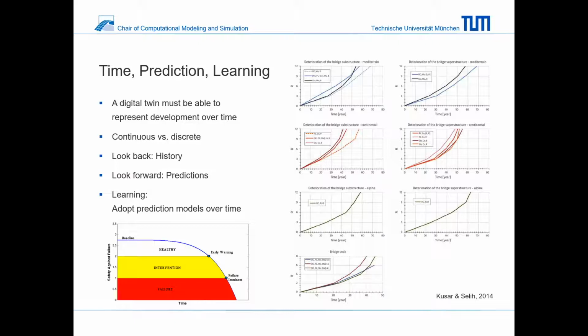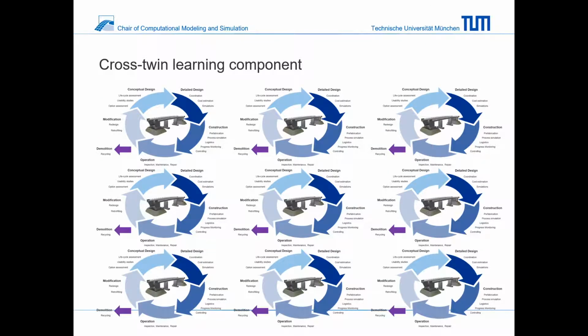And what we also do in many digital twins is that we adapt our models over time. So we change the parameters according to what we measure, according to the sensor data, which then also helps us to improve the reliability of our models. That's also an important aspect of the digital twins. And then we have the cross-twin learning aspect.